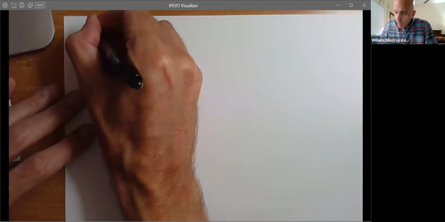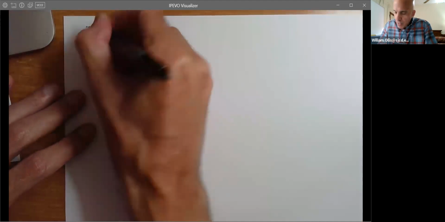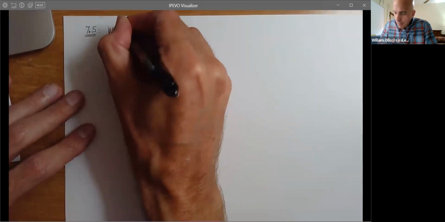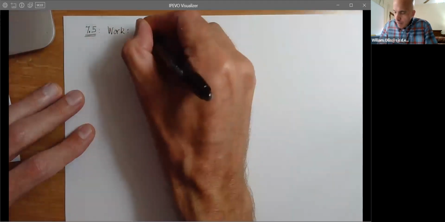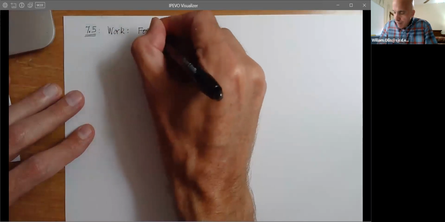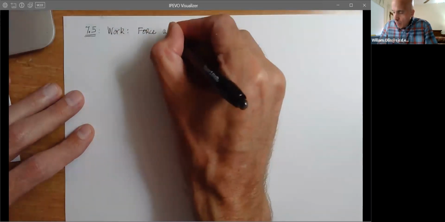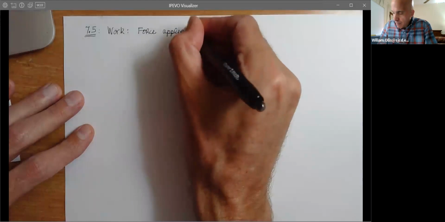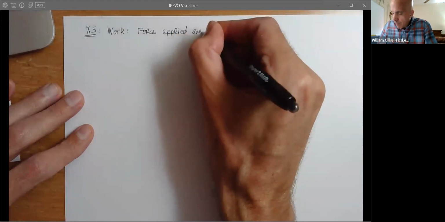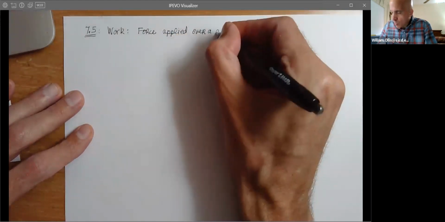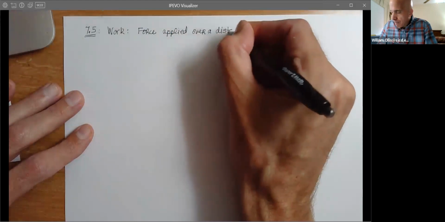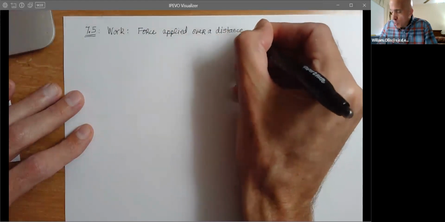It's basically force applied over a distance. So work, we think of force applied over a distance. Now, this is kind of an intuitive feel.